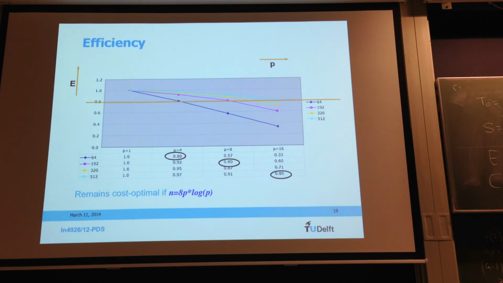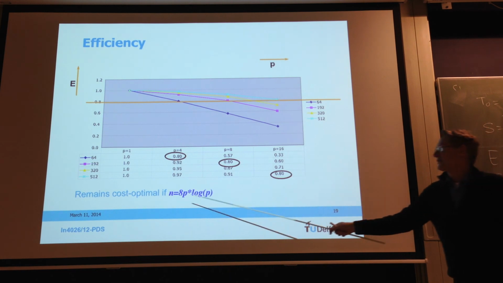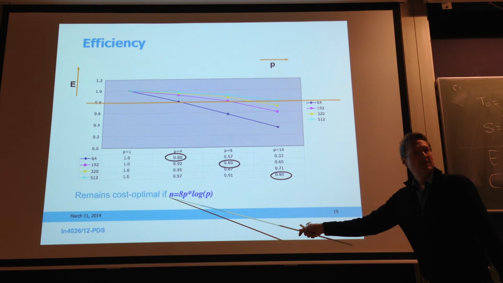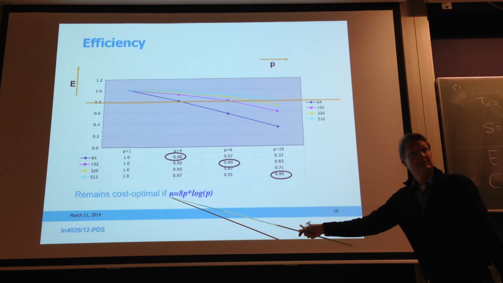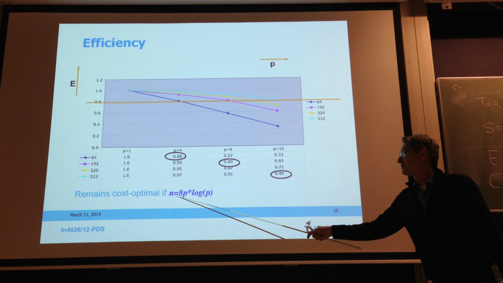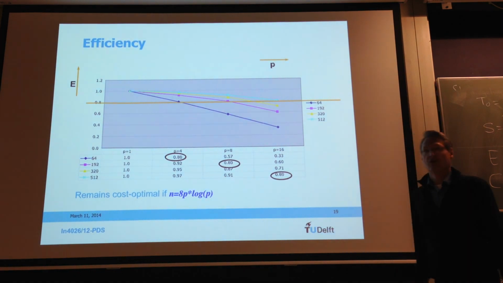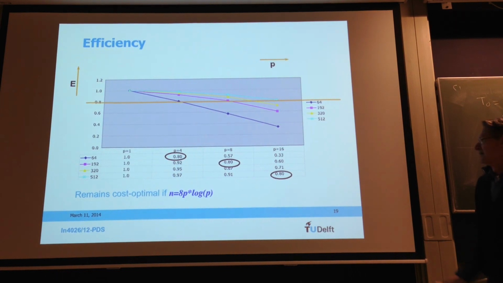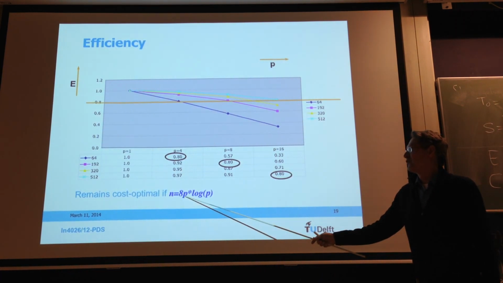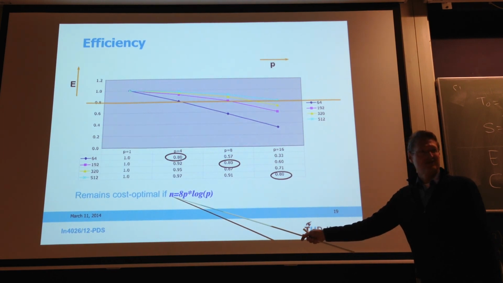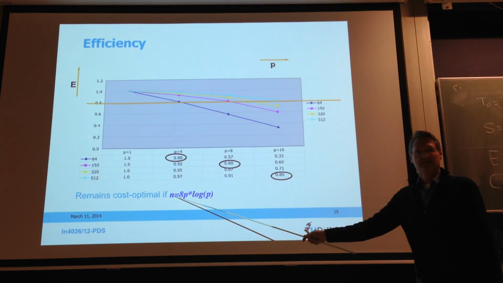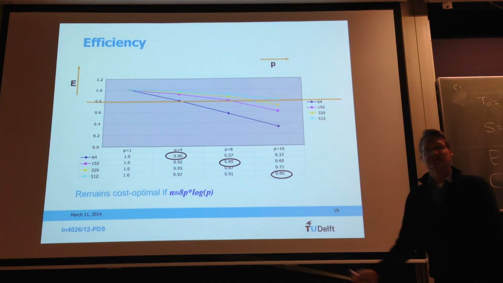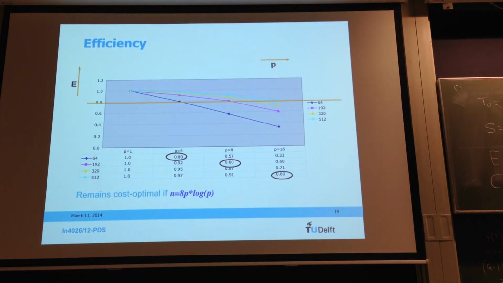So the conclusion from this example is that the system can remain cost optimal, meaning an efficiency of order 1, if N is equal to 8P times log P. So if our number of processes grow, so does N have to grow in order to obtain the same efficiency. Okay, let's leave it for this hour and continue the next.